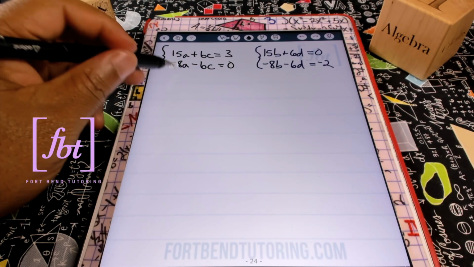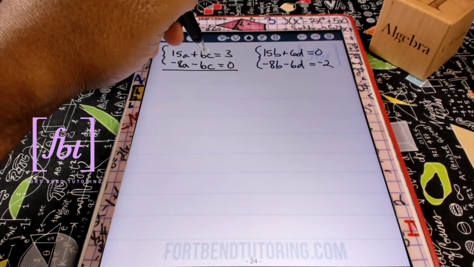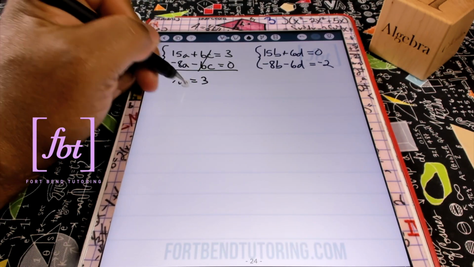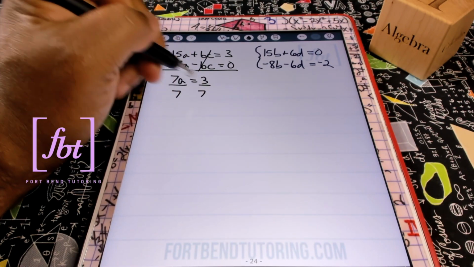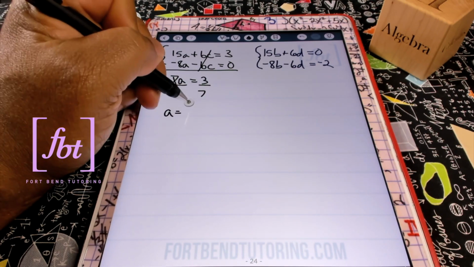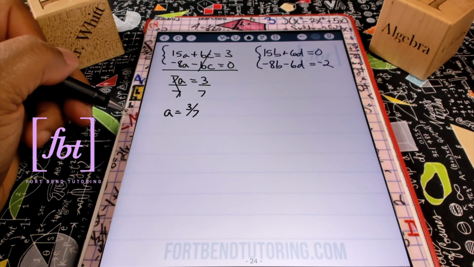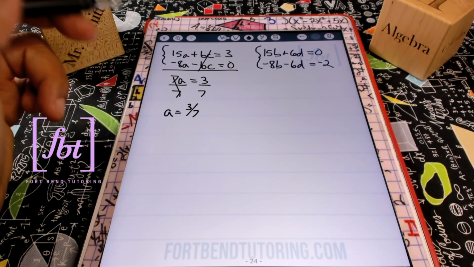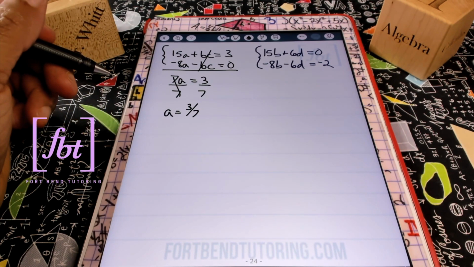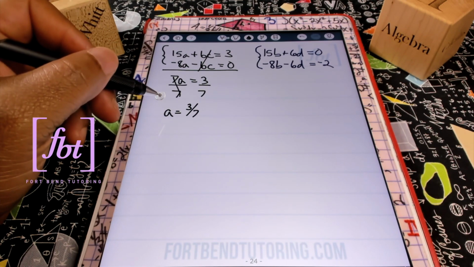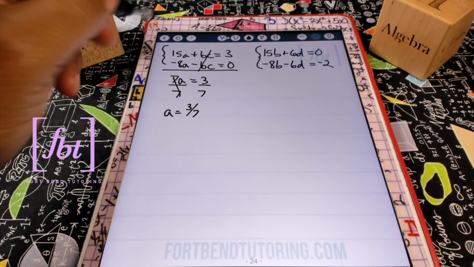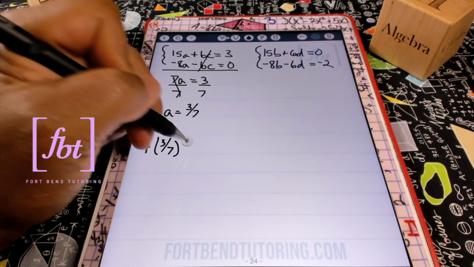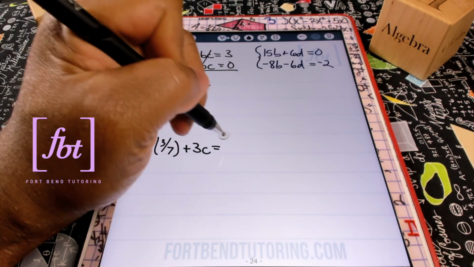Utilizing elimination in our first system, the C's will cancel out. I'll bring down 7A equals 3, and dividing both sides by 7, we end up with the value for A, which is 3/7. Now we know what A is. In order to solve for C, you can plug that back into one of the original equations. For instance, we can plug it into the original second equation for this system, and we'll have 4 times 3/7 plus 3C equals 0.